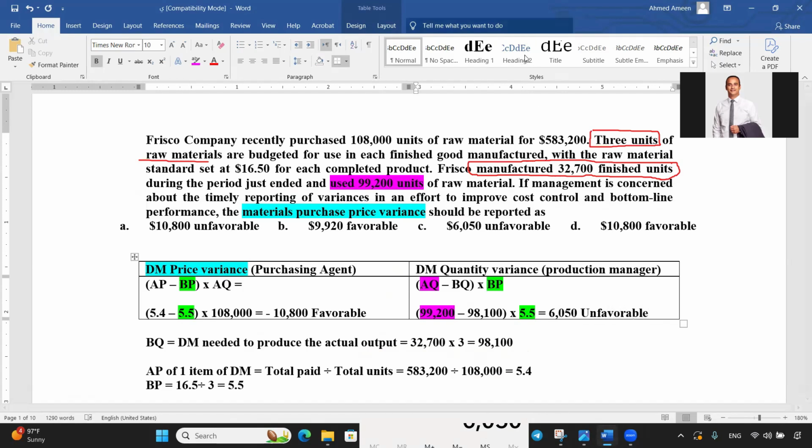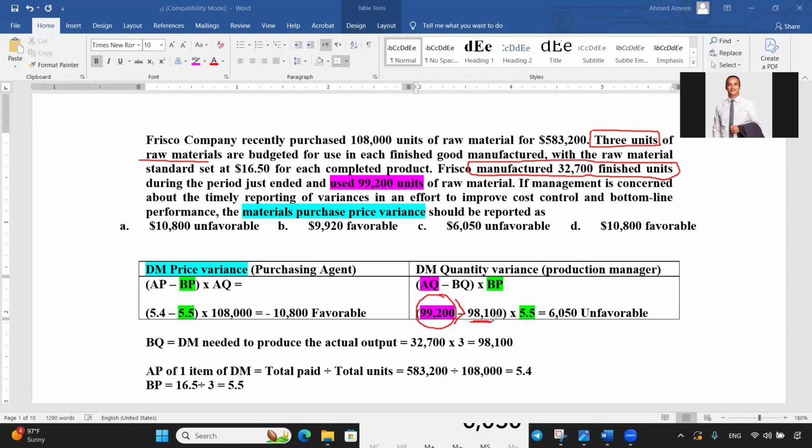Why is this amount unfavorable? Because the quantity used of direct material is greater than the quantity budgeted for direct material usage. In other words, I planned for using 98,100 units of material, but while using the actual material, I used much greater.